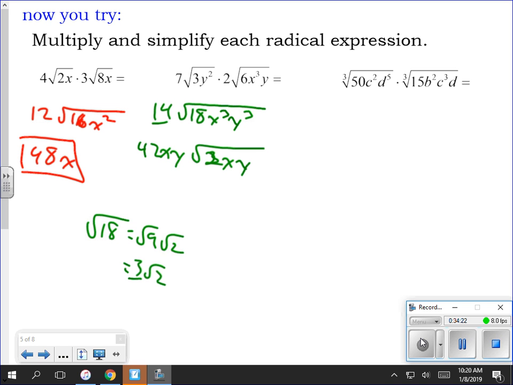Okay, so I have the cube root. Let's see, 5 times 15 is 75, so 750. And then I have to do my variables, and I have b squared, c to the 5th, and d to the 6th.